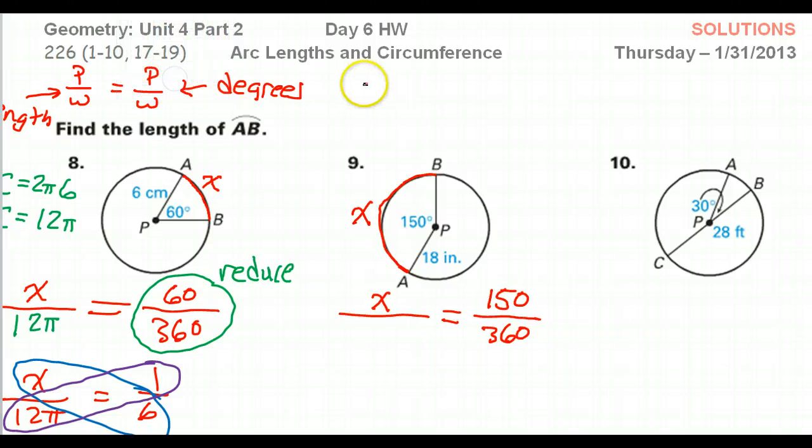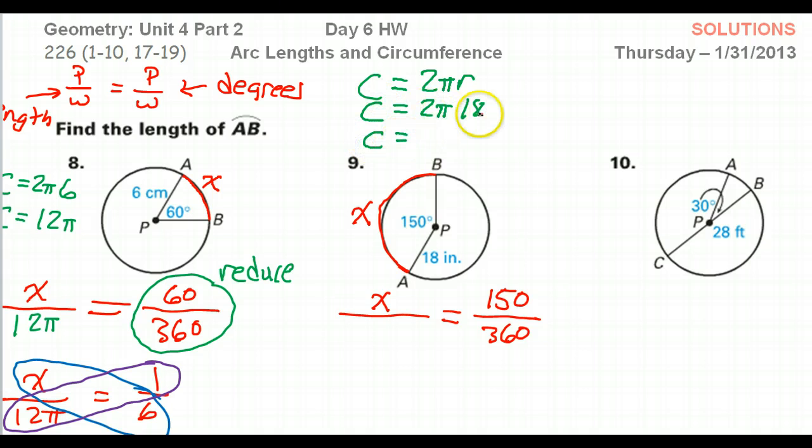So we will again calculate the circumference off to the side. 2 pi r. So that's 2 pi times 18. 2 times 18 is 36, so that's 36 pi. So that is the circumference. That's the whole length of the entire circle. So when I do partial length over the whole length, the circumference goes here as the whole.